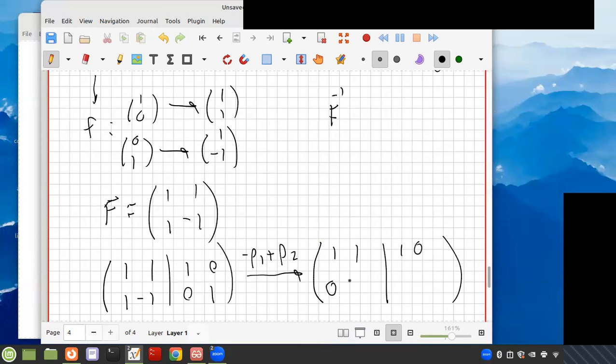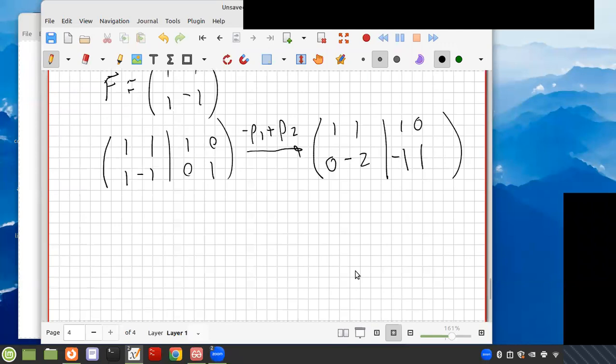Minus 1 plus minus 1 is minus 2. Minus 1 plus 0 is minus 1. And minus 0 plus 1 is 1. Okay. And then we have to get this to reduced row echelon form, so it's the identity matrix.